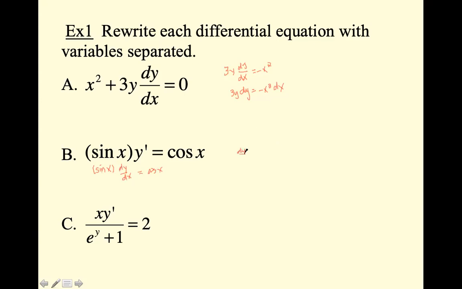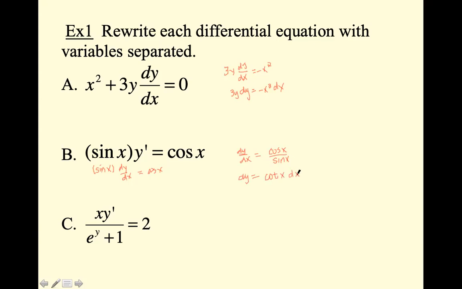So that gives me dy/dx is equal to cosine x over sine x. And then I would leave dy by itself on the left. And this would become dy equals cosine over sine dx, or if I wanted to get real fancy, I could make this cotangent x dx.